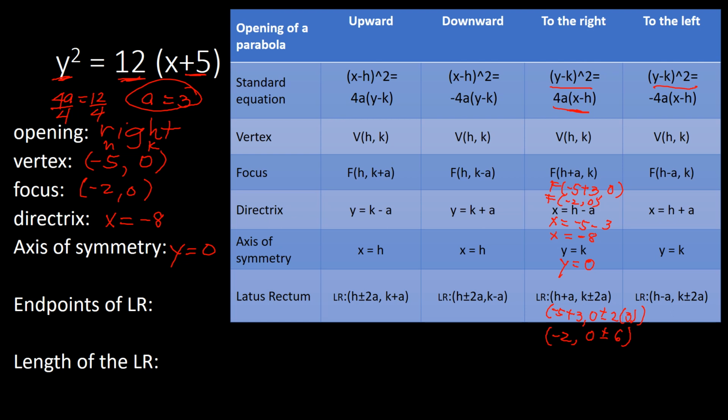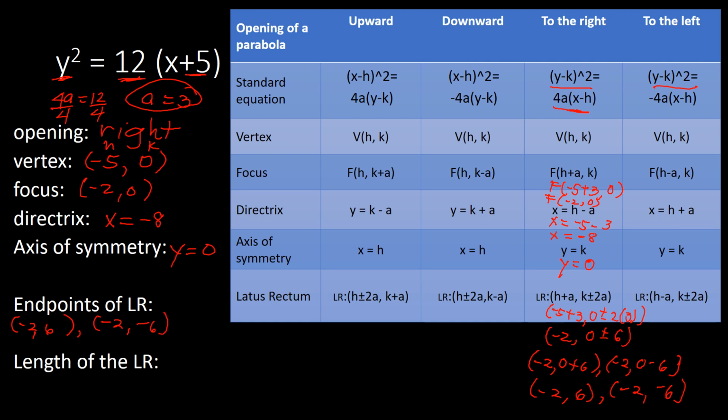Breaking that one up, this is now negative 2, 0 plus 6. The other one is negative 2, and then 0 minus 6. Simplifying, we've got negative 2, 6, and then negative 2, negative 6 as our endpoints of the latus rectum.